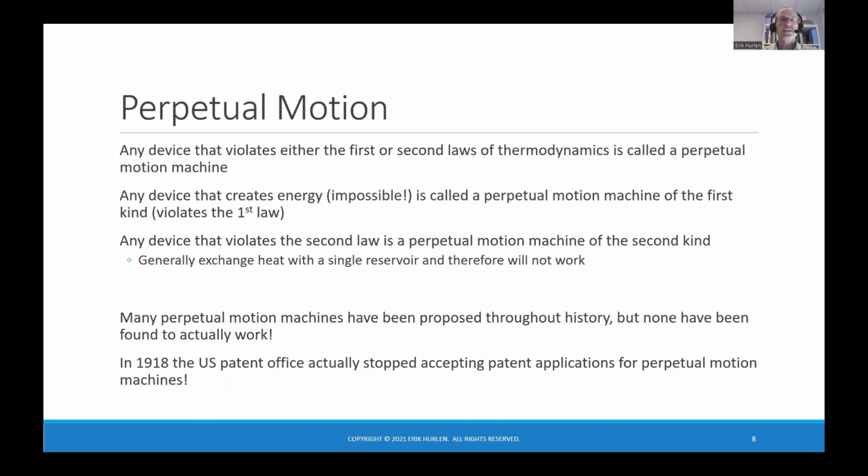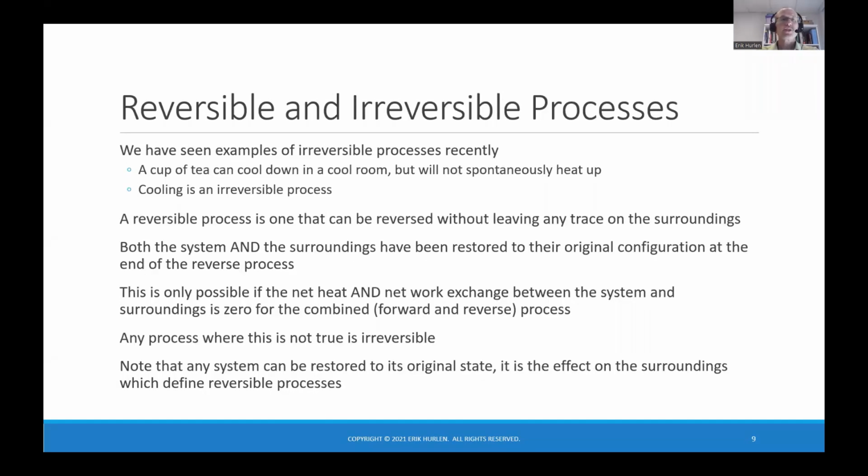Any device that violates the second law is called a perpetual motion machine of the second kind. These are devices that remain moving at the same speed without any energy input. The most common forms of these exchange heat only with one reservoir, violating the second law in the form seen in the last video.